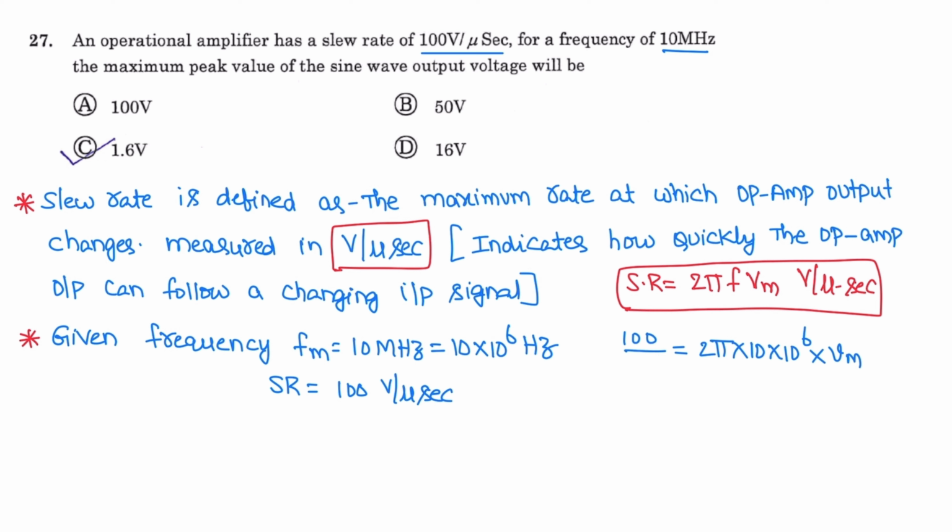Now the voltage Vm is 100 by 2 pi into 10. That is 10 by 2 pi, 5 by pi. The pi value is 3.1417. So approximately the maximum output voltage is 1.6 volts.